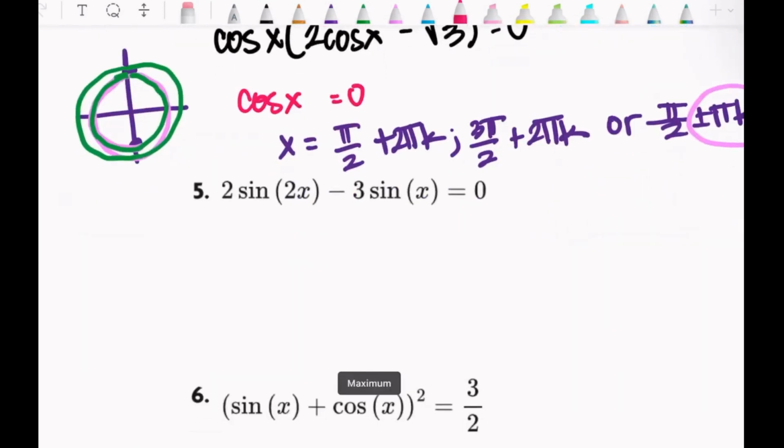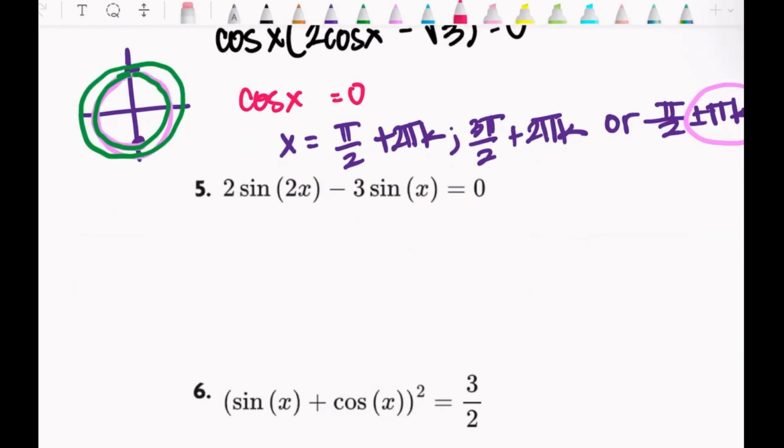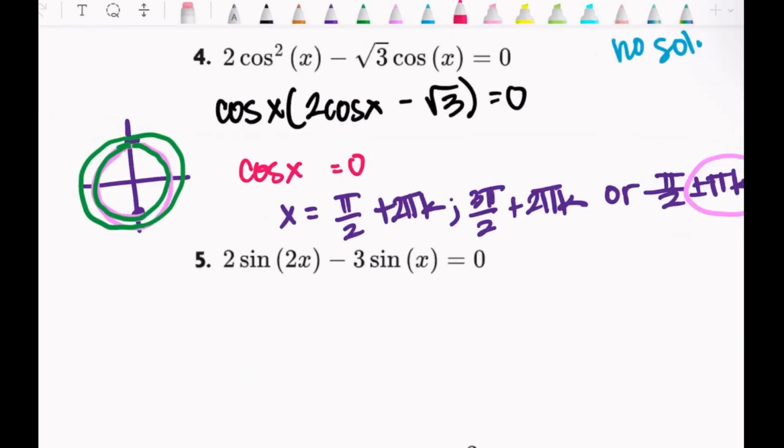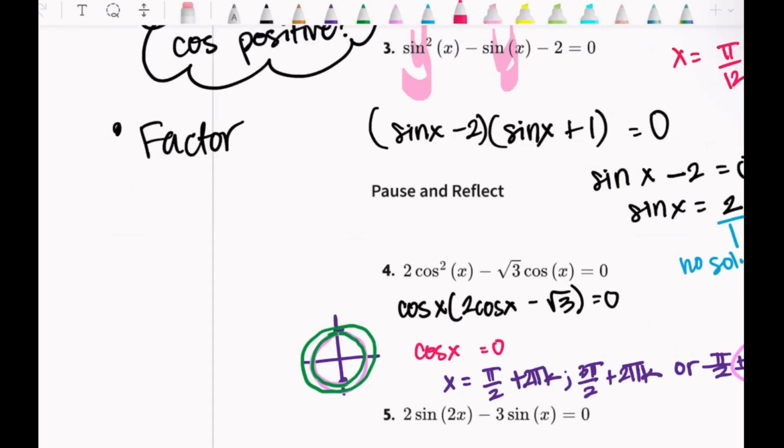Yes, but one sine is taking the sine of 2x and the other sine is taking the sine of x. Therefore, I can't factor it out like I did the previous one because I'm not factoring out the same thing. It's not a greatest common factor. So then my next tactic is identity.